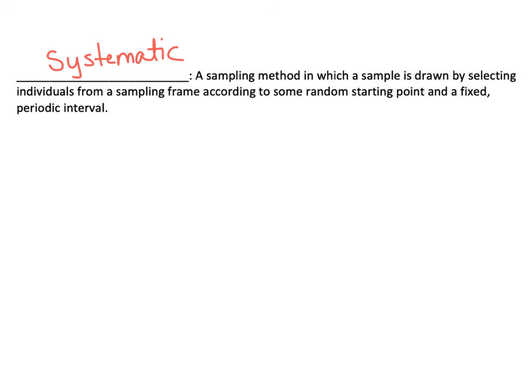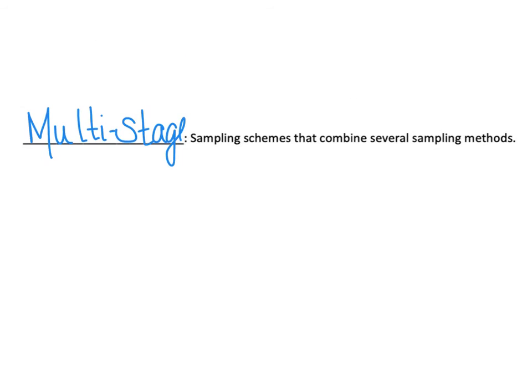Okay, so a random starting point and a fixed periodic interval after that. It's usually not possible to ask every single person, but you stop them at a periodic interval to ask. Finally, your textbook mentions sampling schemes that combine several different sampling methods; we call these multi-stage, okay? So a lot of times you'll see things described where it's doing more than one sampling method.